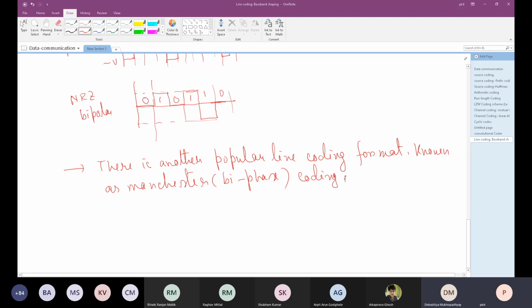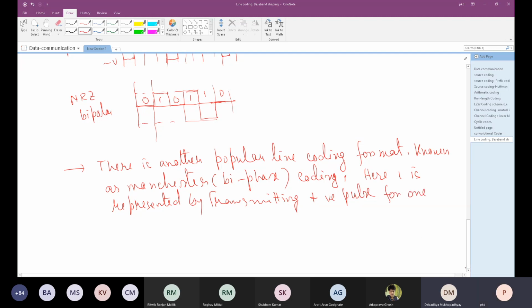So here one is represented by transmitting a positive pulse for half of the symbol.